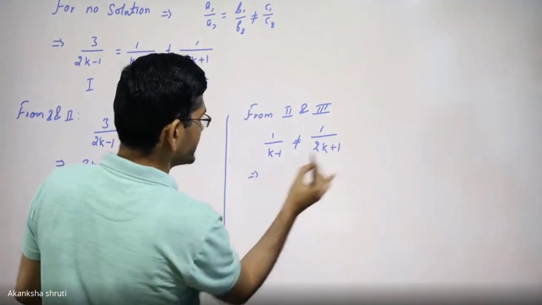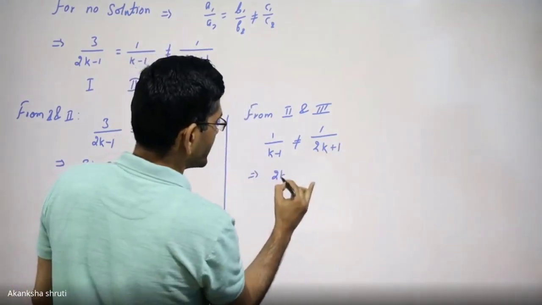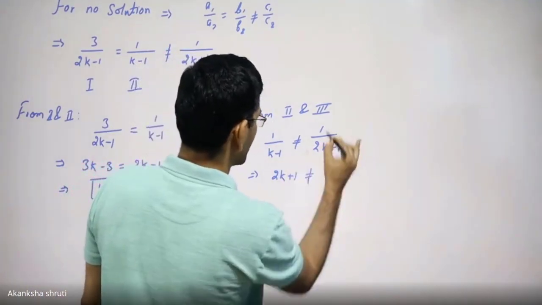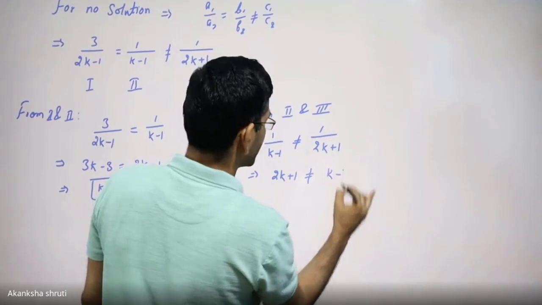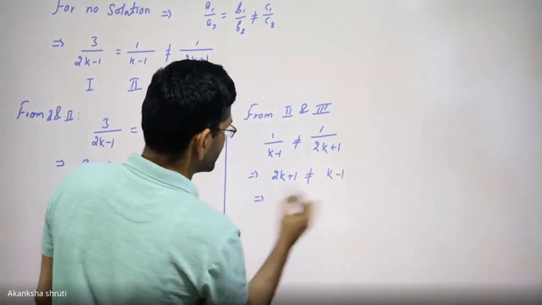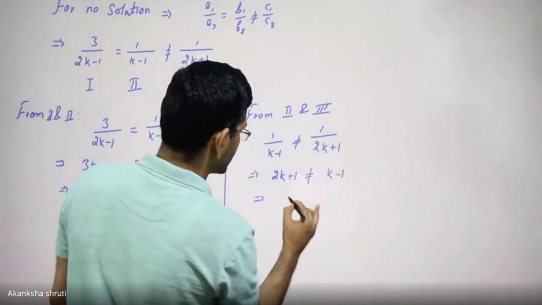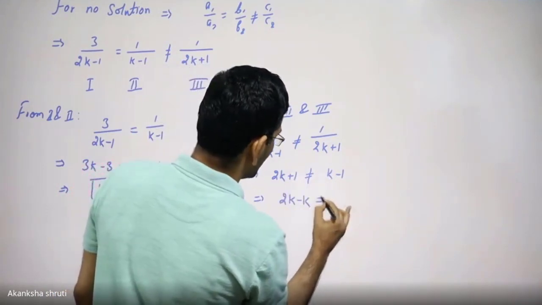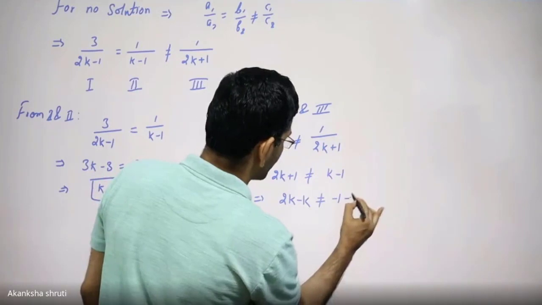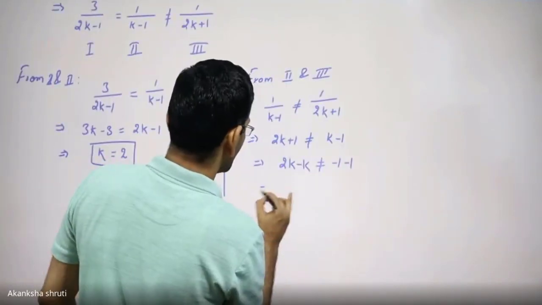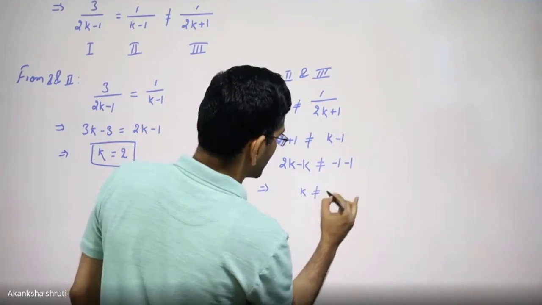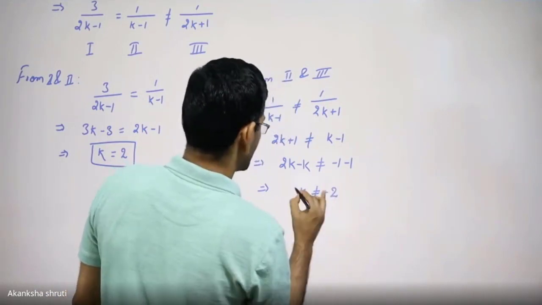This implies bringing this 2k plus 1 to the numerator, should not be equal to, going for cross multiplication, k minus 1. This will bring this k to this side, 2k minus k should not be equal to minus 1 minus 1. This implies k should not be equal to minus 2.